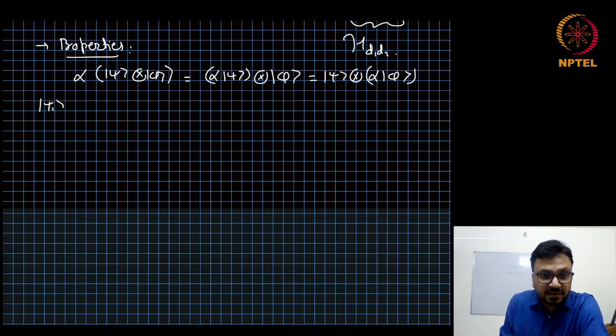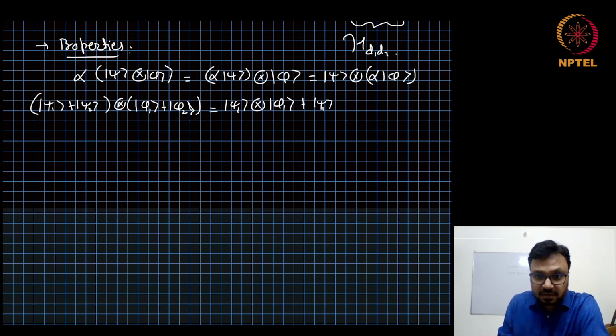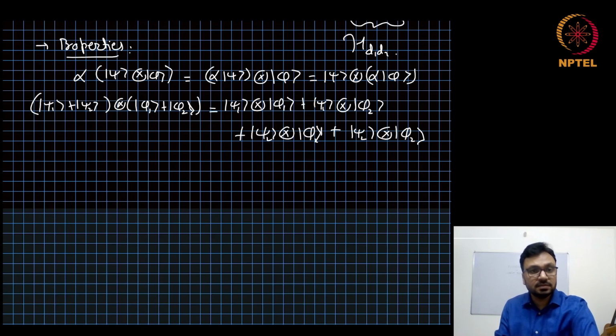If we have psi1 plus psi2, tensor phi1 plus phi2, then it can be opened up like a normal product, but keeping the order: psi1 tensor phi1 plus psi1 tensor phi2 plus psi2 tensor phi1 plus psi2 tensor phi2. This is another property of the tensor product.